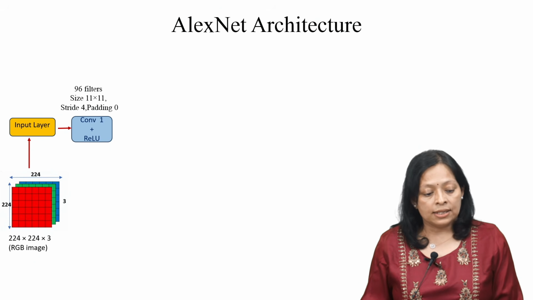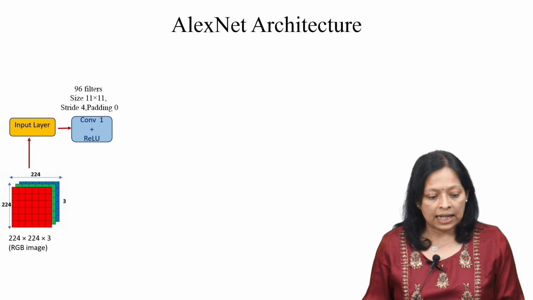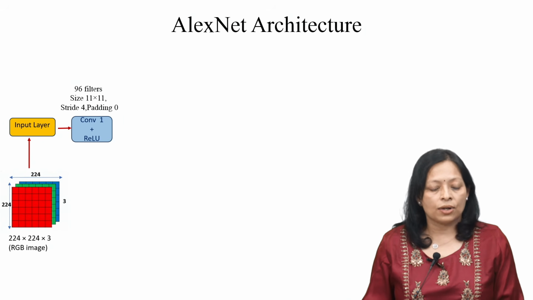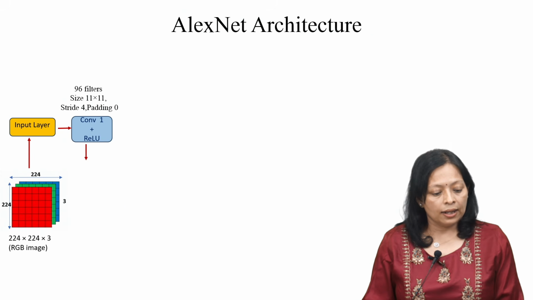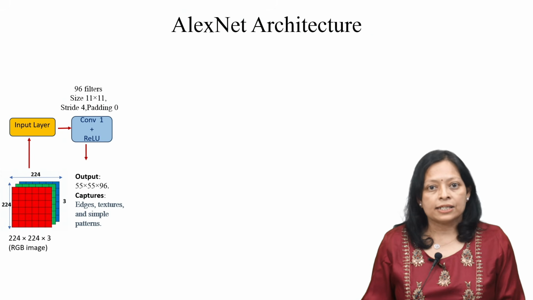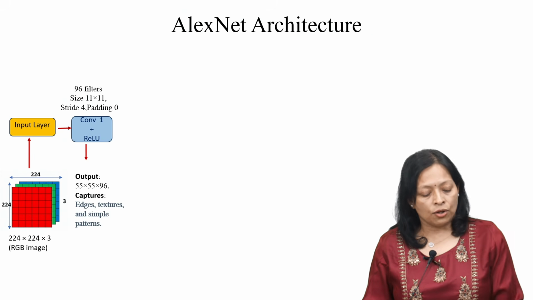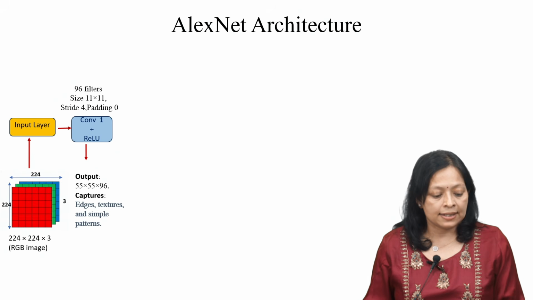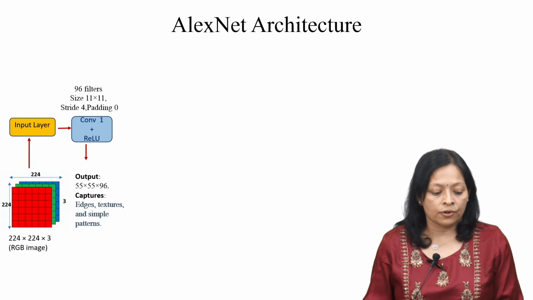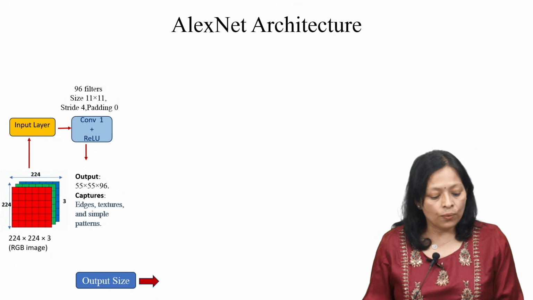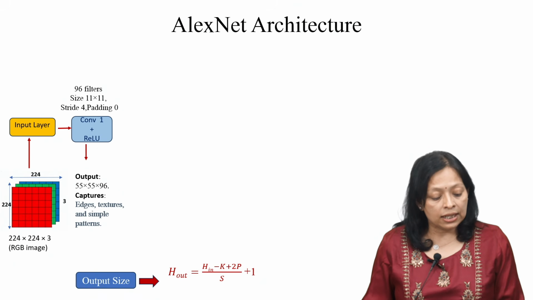Conv1 has 96 filters of size 11 cross 11, stride 4 and padding 0. The output feature map size coming out of conv1 is 55 cross 55 cross 96. And how are we calculating the output size?